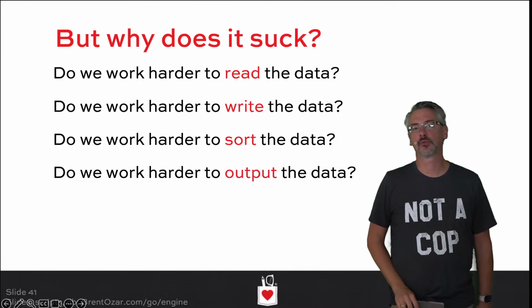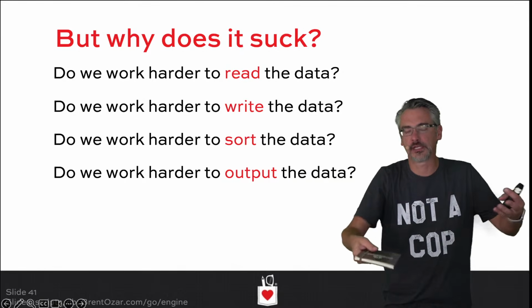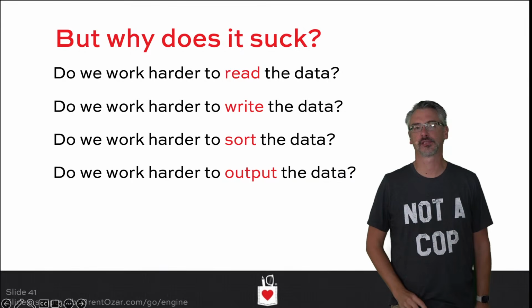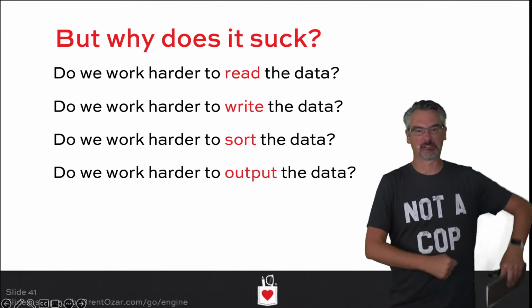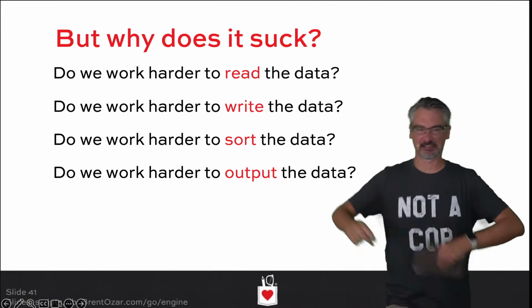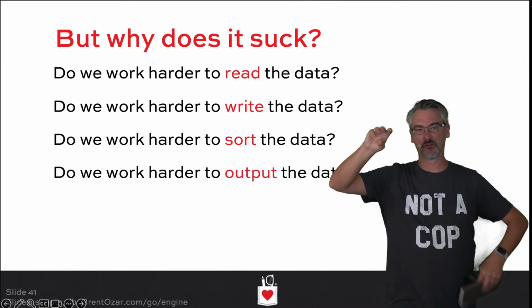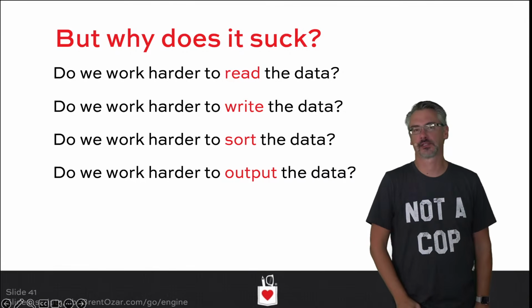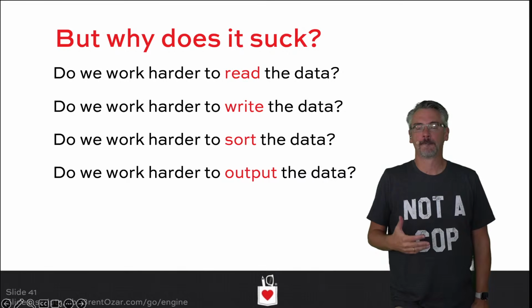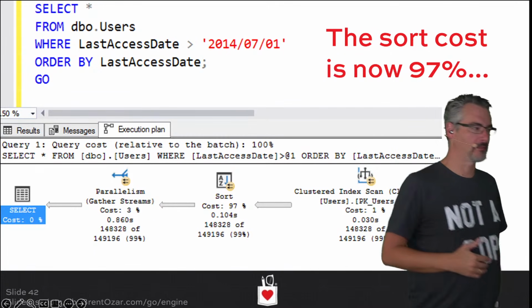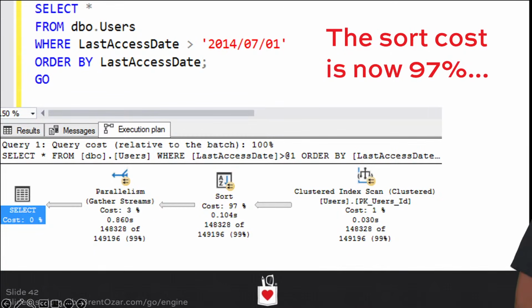And then finally, do we have to work harder to output the data? Yeah, and that was always my thing as a junior DBA. I was like, don't select columns you don't need because it takes longer to yell that data over the network. As it turns out, that's the least of my problems. The big, ginormous problem inside here is that the sort has exploded in terms of cost.